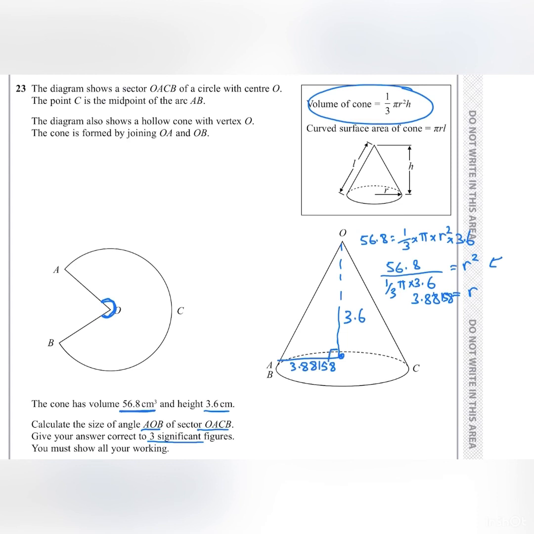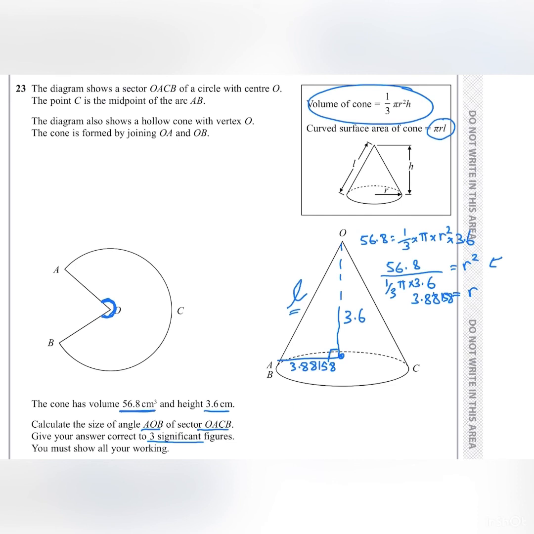Now, we should be able to find the length on this side using Pythagoras' theorem, because once we find this length, you can work out the surface area, and then the surface area will allow us to find the angle of the sector of the circle there. So to work that out, I need to find what L is.